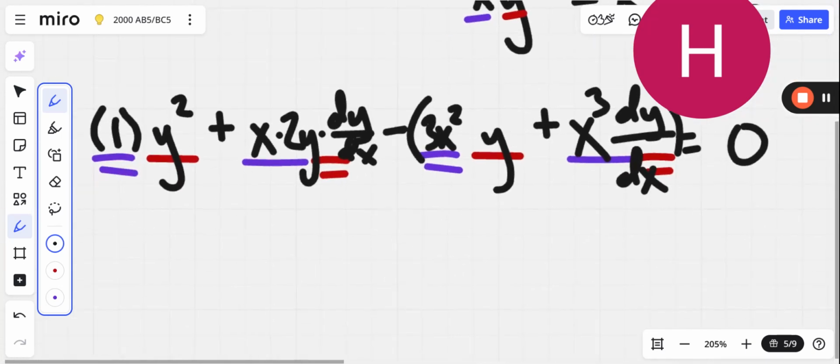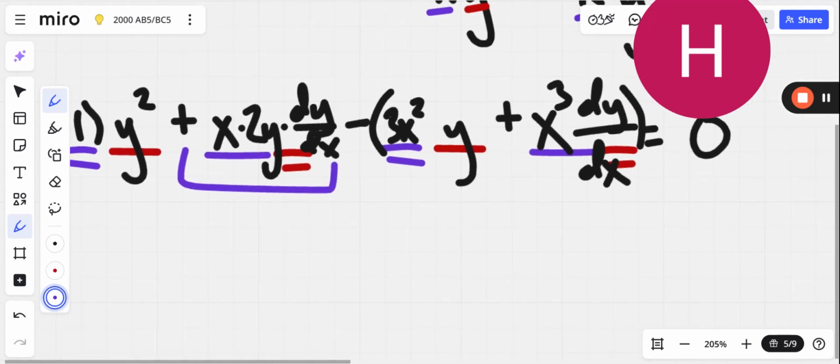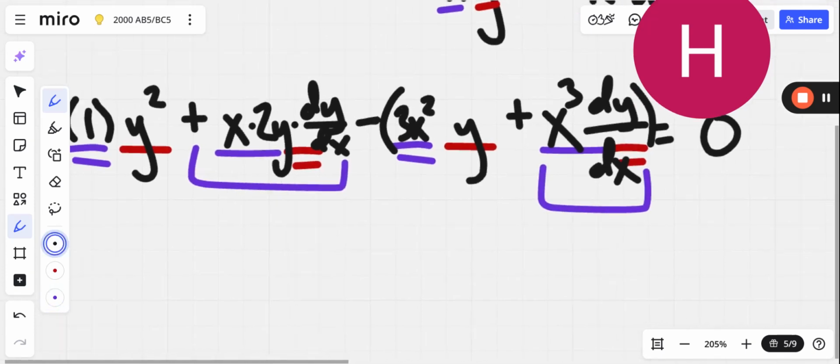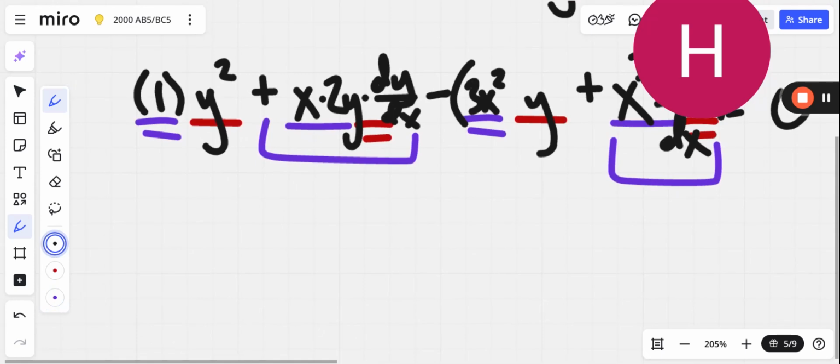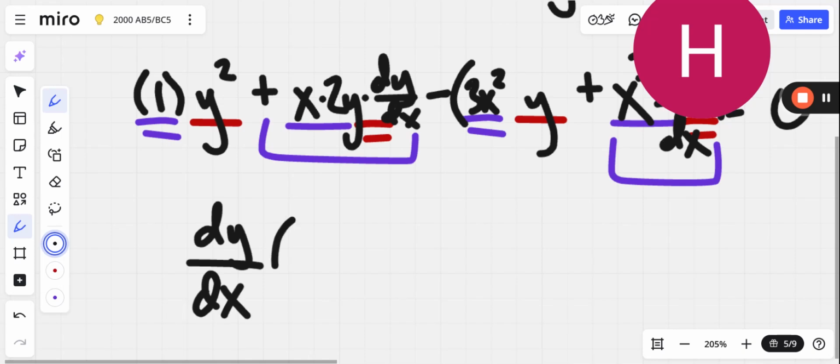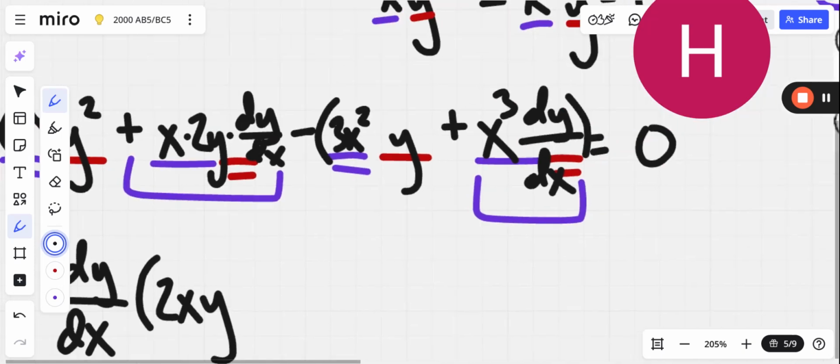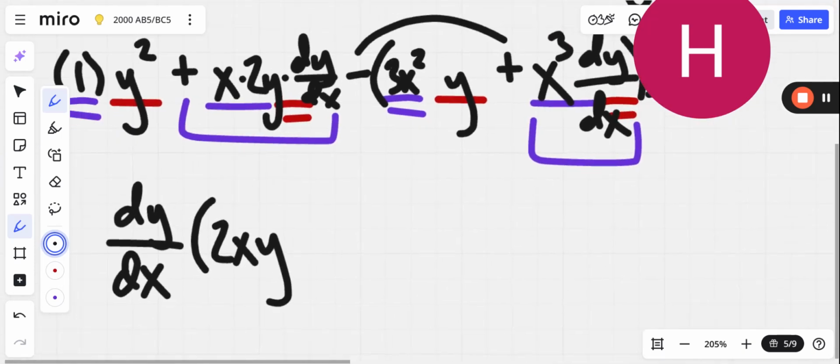Okay, and while you're solving this for dy/dx, while you're isolating, you're going to want to be aware of which terms have a dy/dx in it. That would be this one and this one. So let's separate those terms. We have dy/dx, and that's going to belong to the 2xy, but it's also going to belong to this negative x cubed.